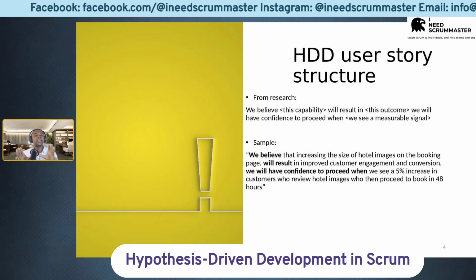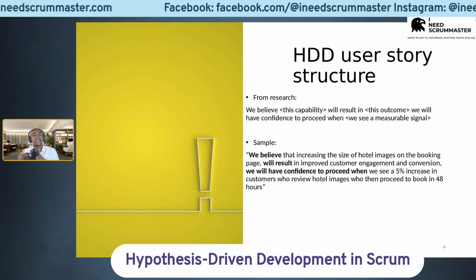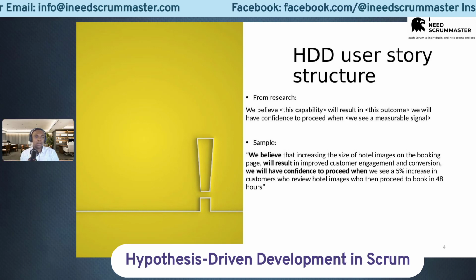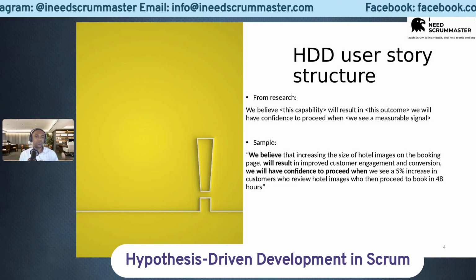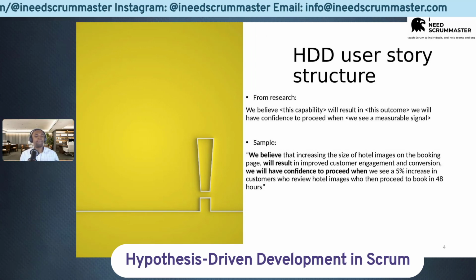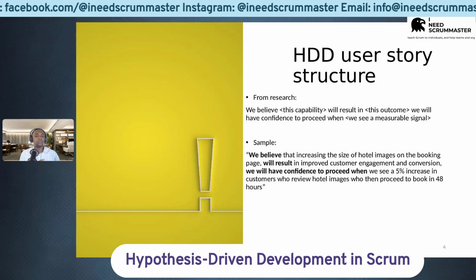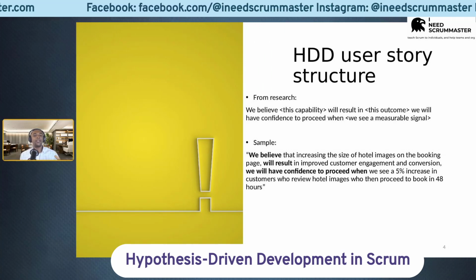So you are starting with, we believe; in other words, you're making a statement, a proposition. And it centers on a feature, and that feature revolves around an outcome, and that outcome is supported by evidence.